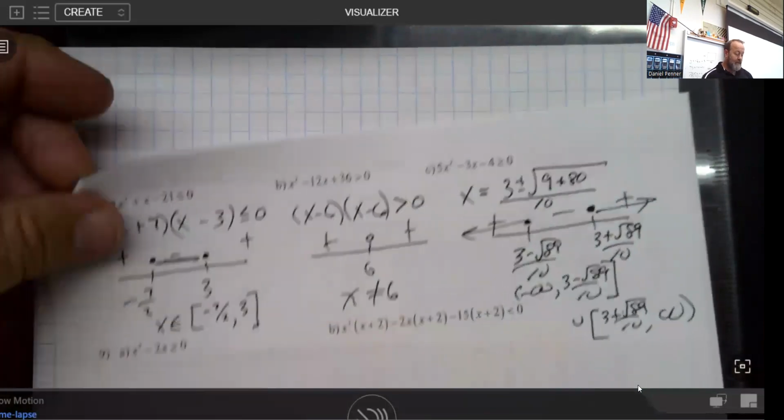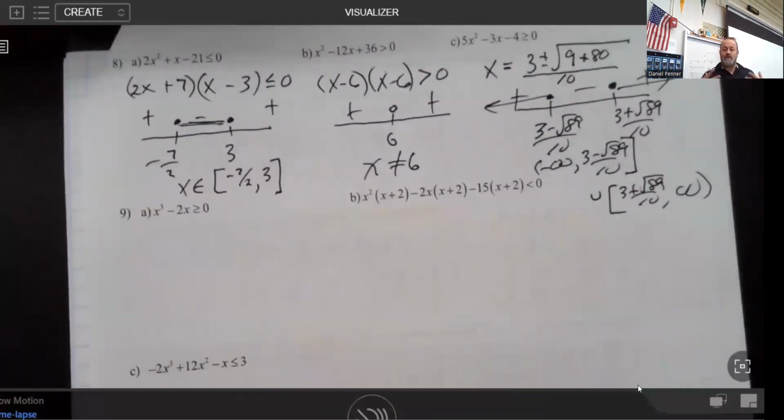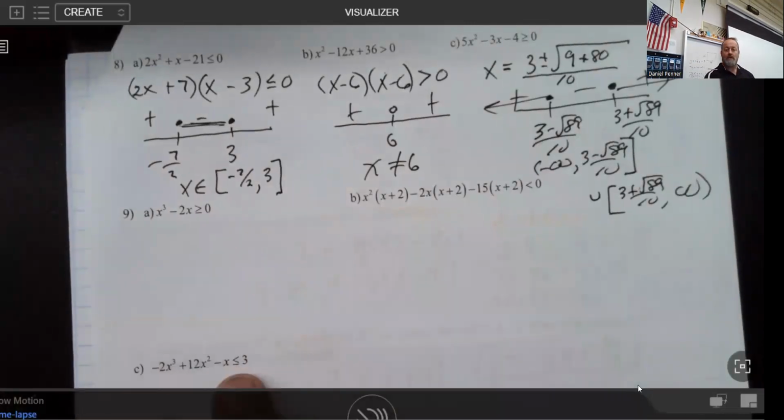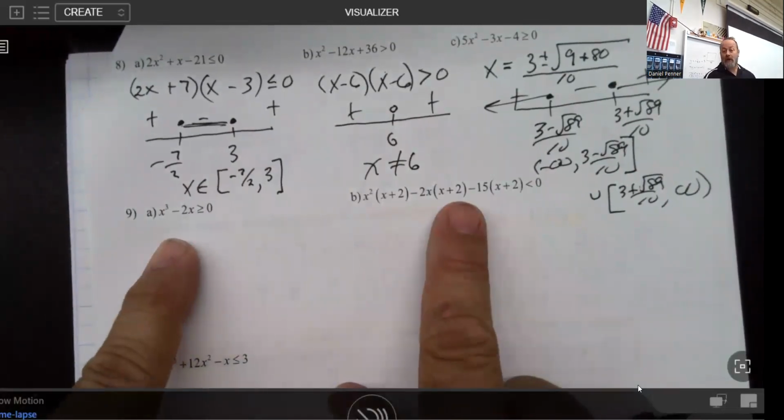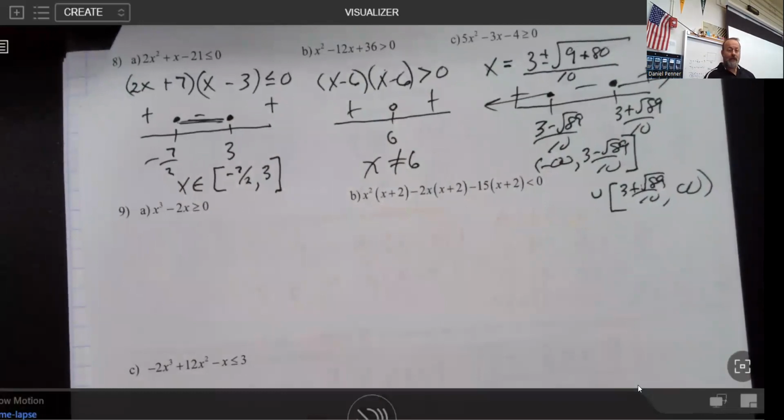Okay. So number 9, we went away from just straight quadratics into these two questions right here and this one as well. These are all cubic, so they're going to have a little extra wrinkle. Now, both of these are going to be solved by the look of common factors, okay? So this is a cubic, but it's really not a cubic in the traditional way.